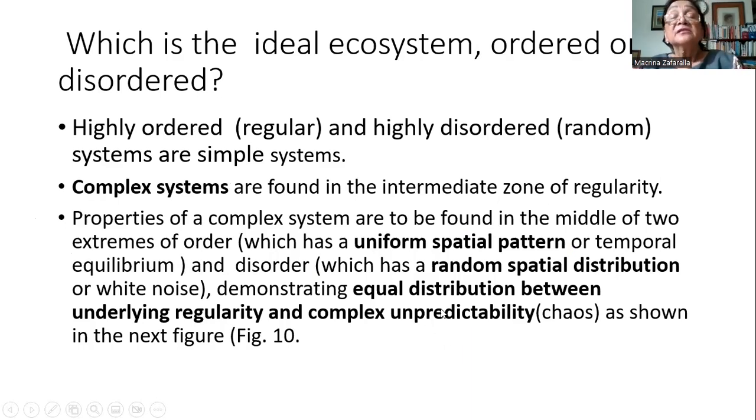Properties of complex systems are to be found in the middle of two extremes: order, which has a uniform spatial pattern or temporal equilibrium, and disorder, which has random spatial distribution, demonstrating equal distribution between underlying regularity and complex unpredictability, as shown in the next figure.